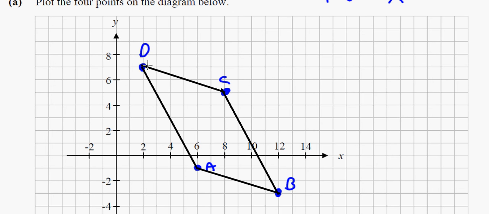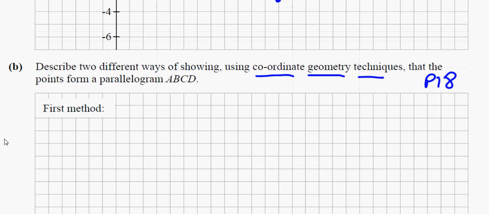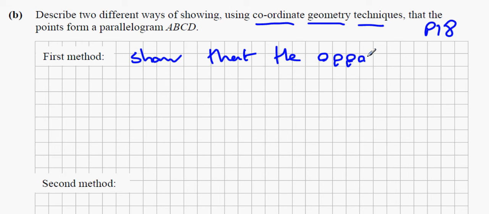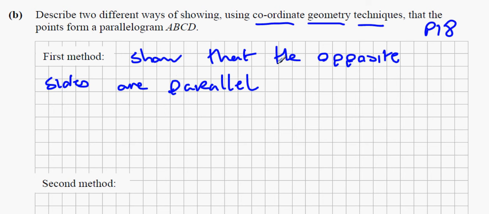So the first method: show that the opposite sides are parallel by showing the slopes of the opposite lines are equal.